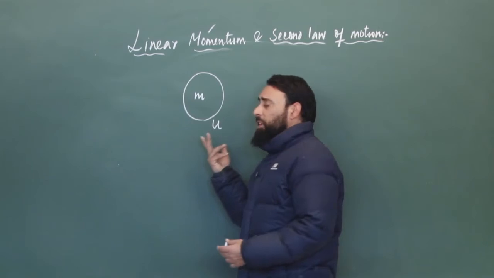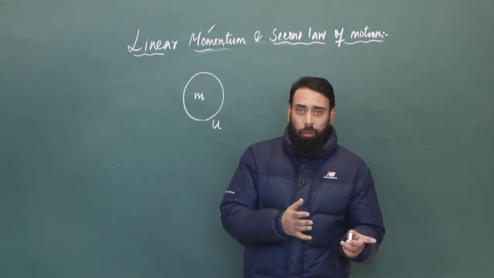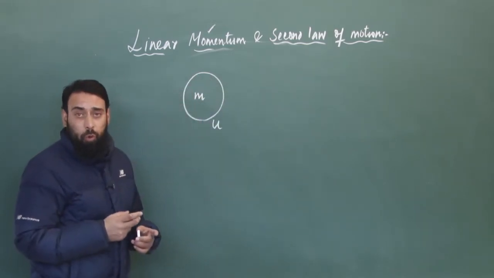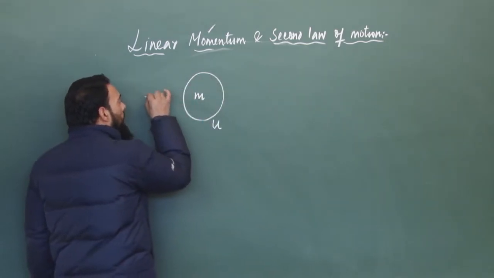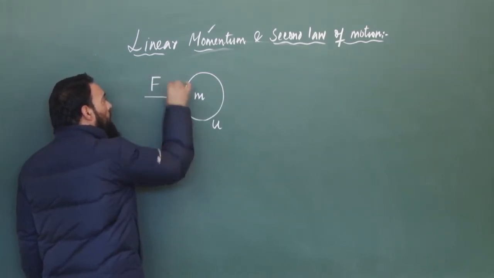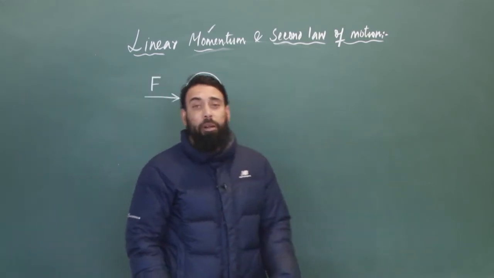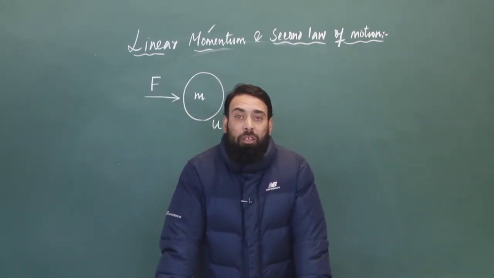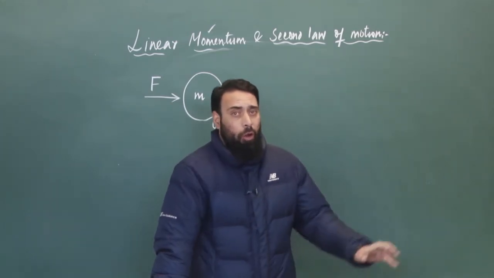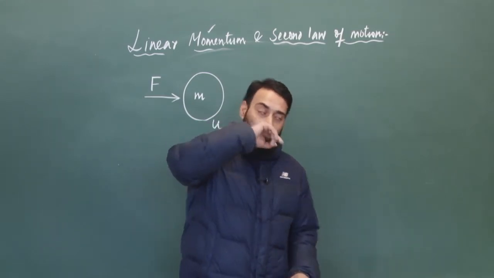So a body having mass m moving with an initial velocity u, if we apply a force F in the direction of its motion, the body will move faster, because force has the capability that it can increase or decrease the speed of a body. You have already learned those things in the effects of force.